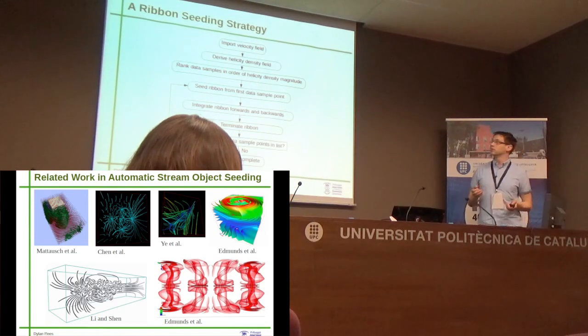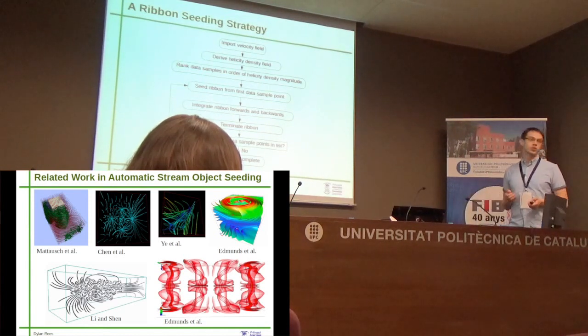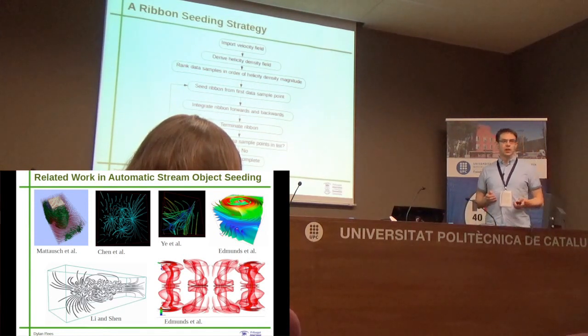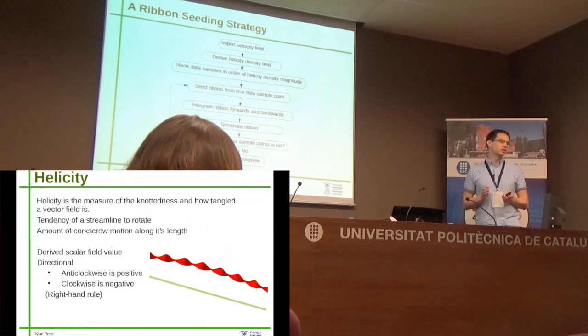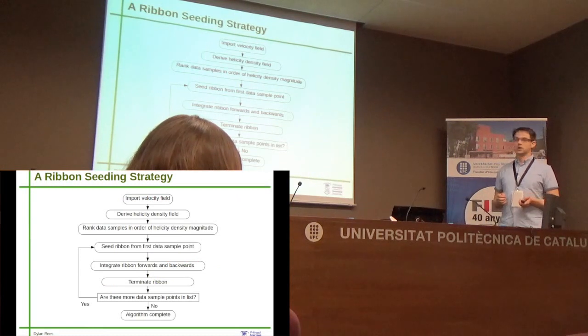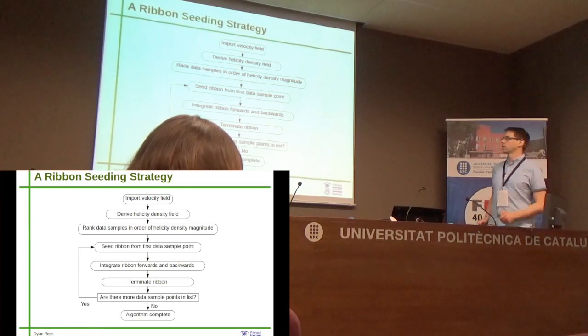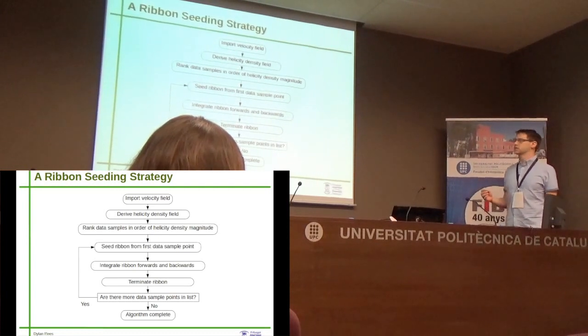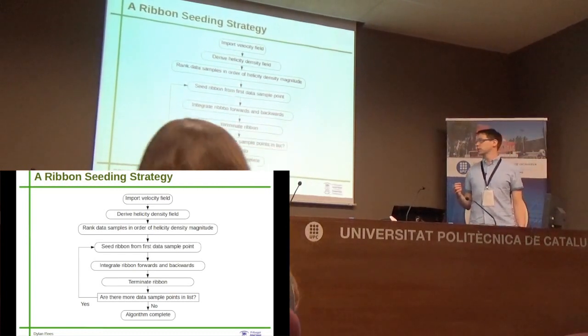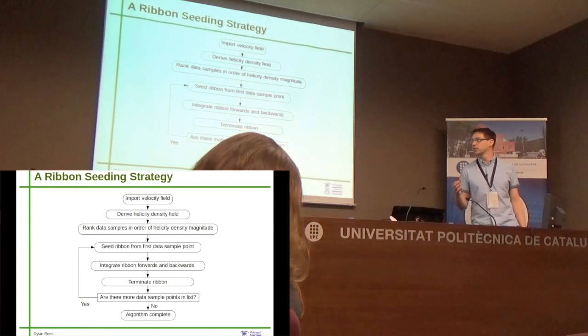We then rank these data sample points in order of their helicity magnitude. Remember I said that it was directional, so it's important we use the magnitude here rather than the plus or minus of it. Now we take the first, the highest magnitude, C point and seed the ribbon from this point.